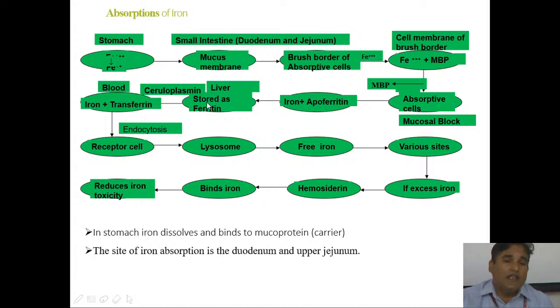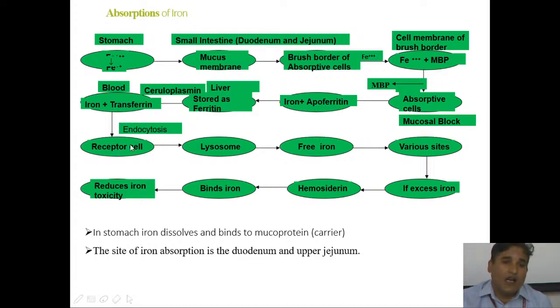And once iron enters the blood stream, it makes a complex with transferrin. The ferrous form gets reduced to ferric, and this ferric form makes a complex with transferrin. This iron-transferrin complex enters the cell through the iron-transferrin receptor by the process of endocytosis.